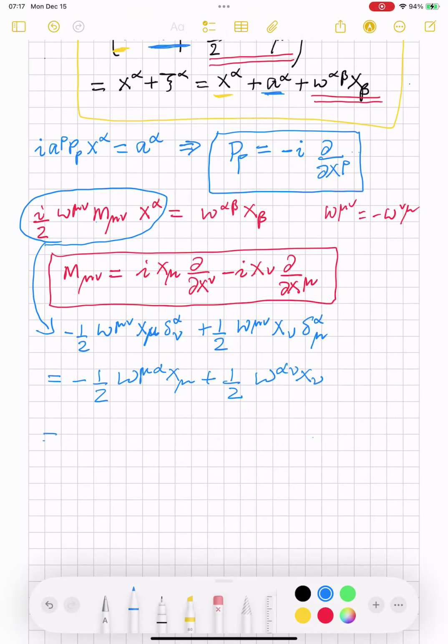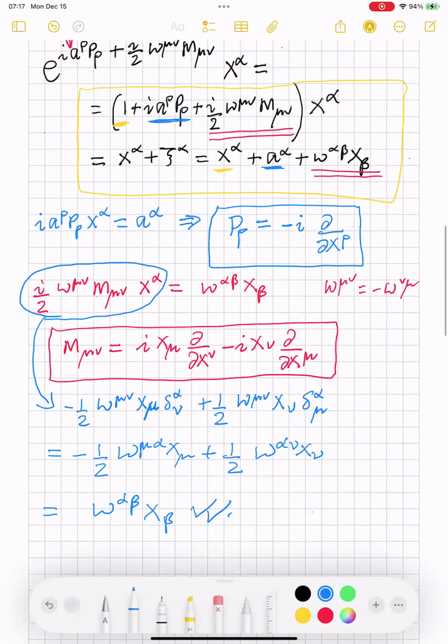Because omega is antisymmetric, I can swap indices on the first term, and then the mu in the first term and the nu in the second term are just dummy indices, so I can relabel both of those to be beta, and I just get omega alpha beta x beta. So indeed, this is a correct solution.